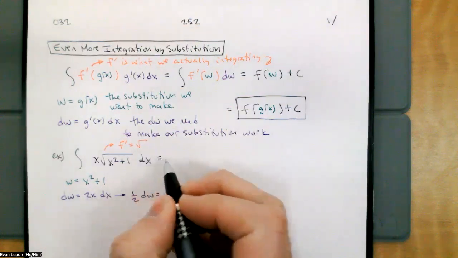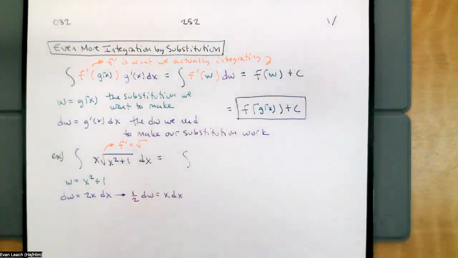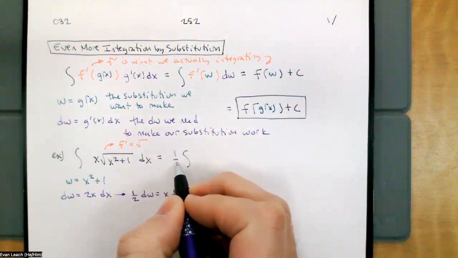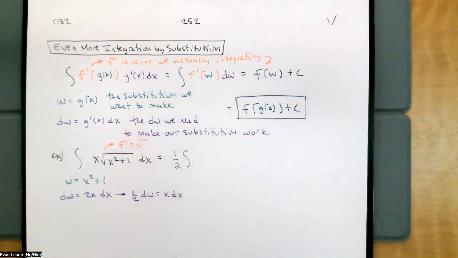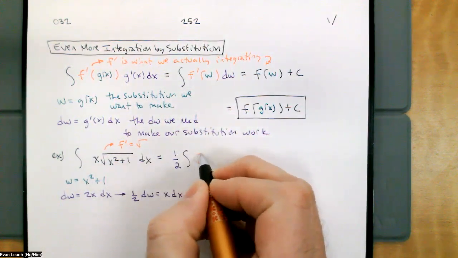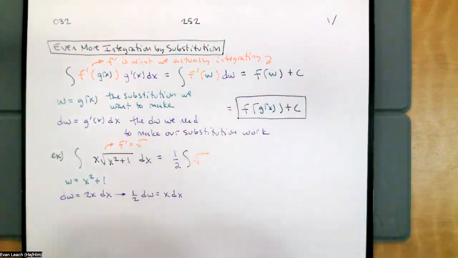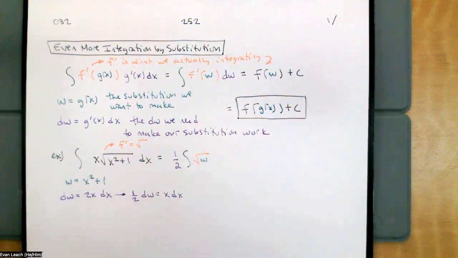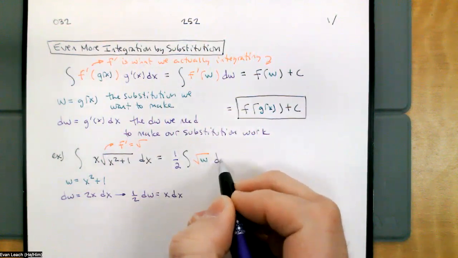Then we are ready to write our w integral. I've got a 1/2 from the half dw. The function that I'm integrating is a square root. X squared plus 1 is the w, and then I could just finish writing the dw at the end of my integral.